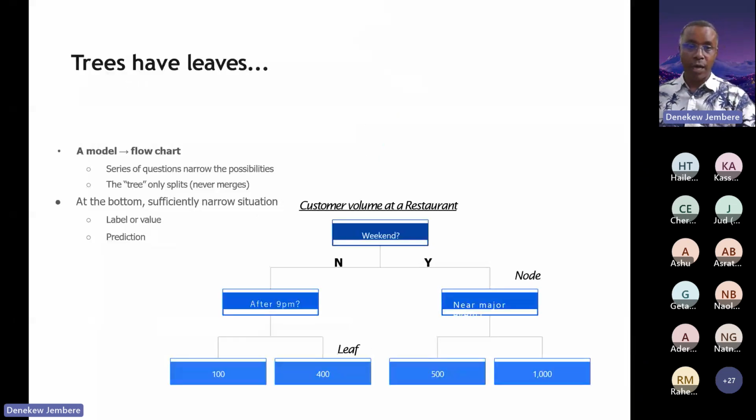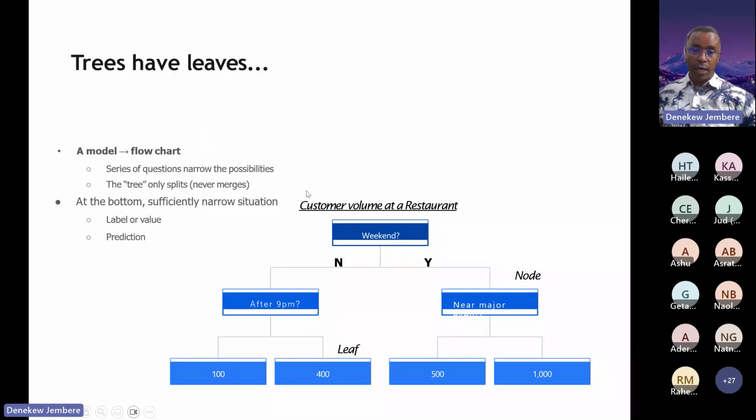For example, a model or a flowchart involves a series of questions and narrows the possibilities. The tree only splits and never merges. Basically, it always splits.